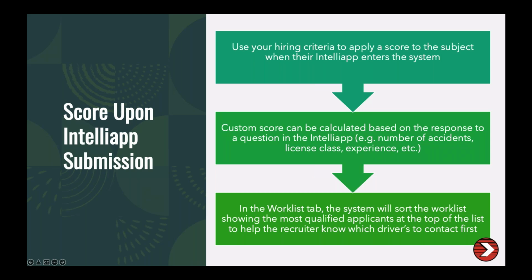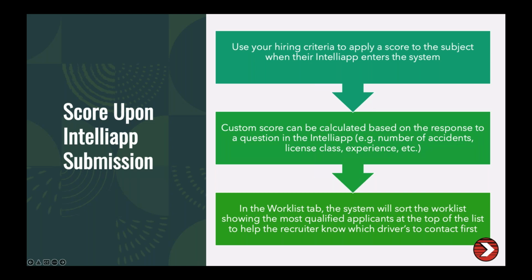They're in the work list tab. You can set the score in different ways, but you can score based on a combination of questions. I would recommend fewer the better, one to maybe two to three questions for scoring. And then the recruiter can go down the list.